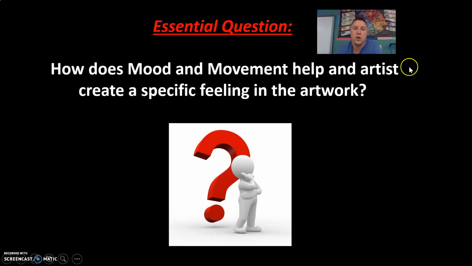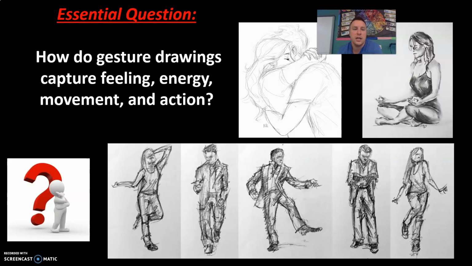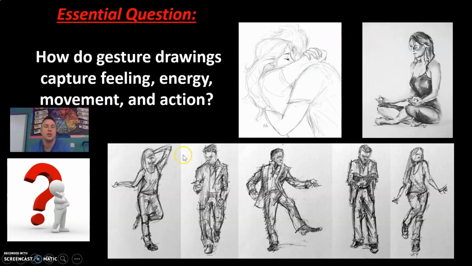And those two words, mood and movement, do ultimately tie into that essential question we discussed earlier about how gesture drawings as a whole capture the feeling, energy, movement, and action, and the specific angles of movement or motion, and the pose of the figure definitely help with all of that as well.